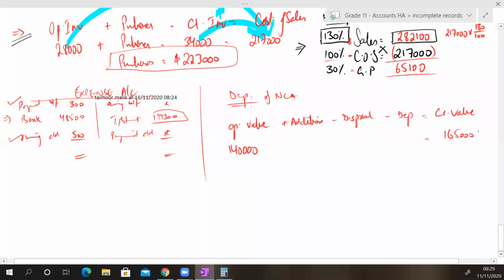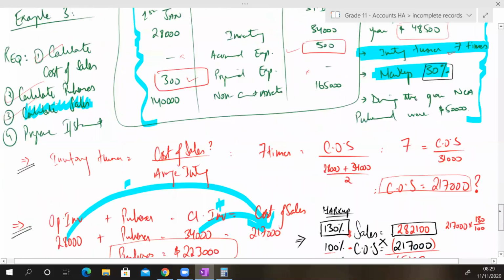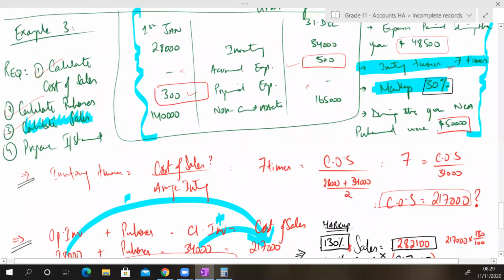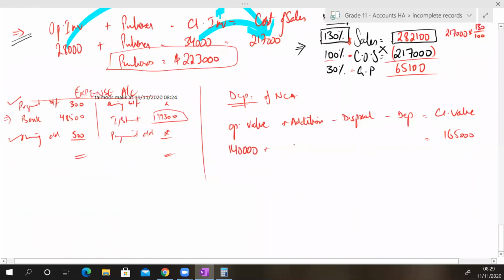The closing value is 165,000. During the year, non-current asset purchased was 50 over here. Disposal, you don't know. There is actually no disposal. Minus depreciation, you don't know, and that's the closing value.